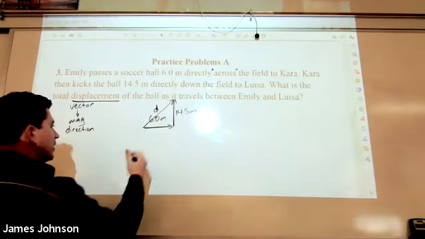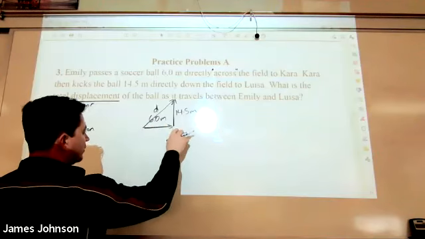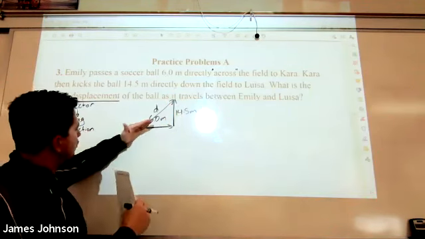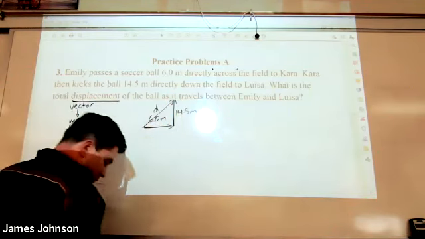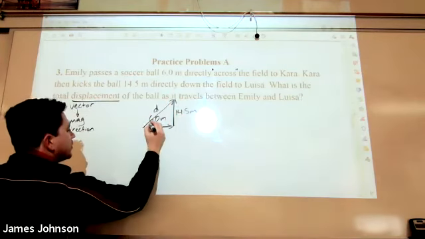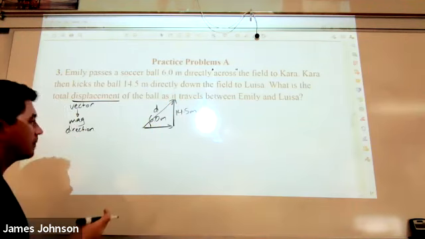The ball traveled first east or across the field, and then north or up the field. The angle that we're going to represent is this angle right here.